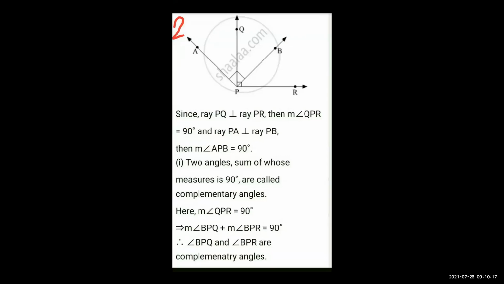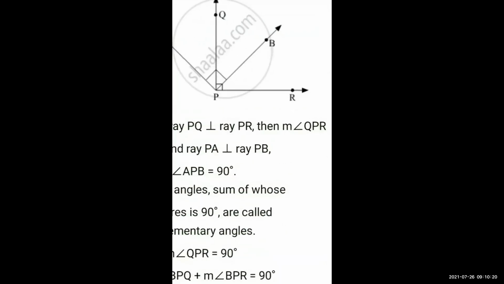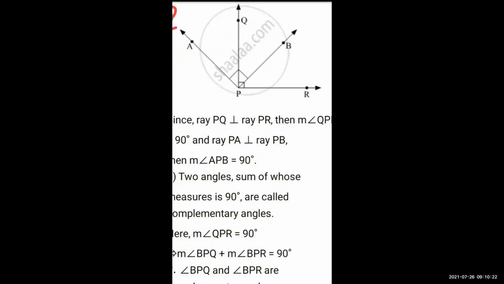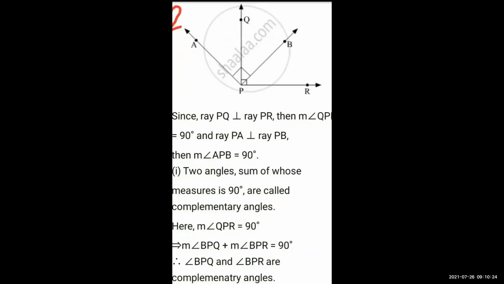Ray PQ and ray PR are perpendicular to each other. Here you can see a symbol of 90 degrees. We have to mark it. That symbol indicates the angle between these two rays is 90 degrees.